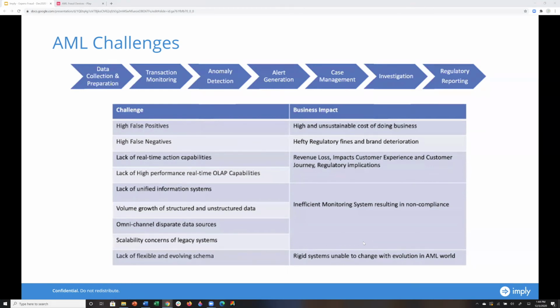And combining real-time detection and having OLAP type access or query to your data would just make it a lot better, because you can actually look at the transactions in many different ways to make sure that you're not leaving any transactions that are actually anomalous.